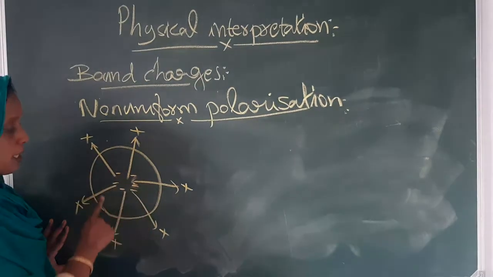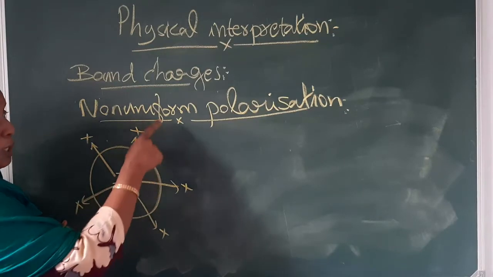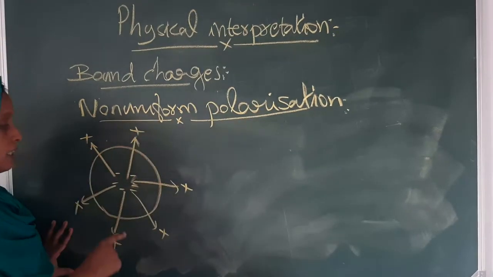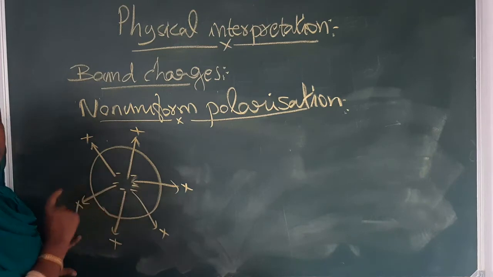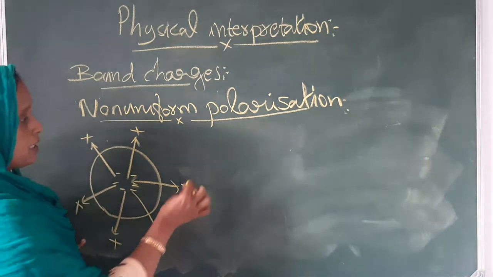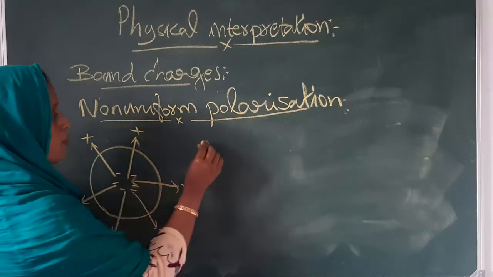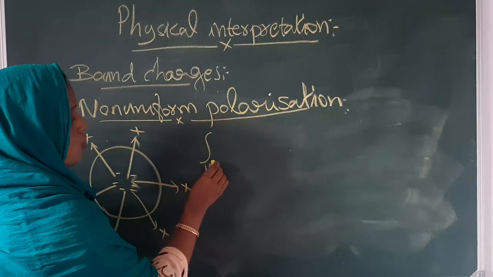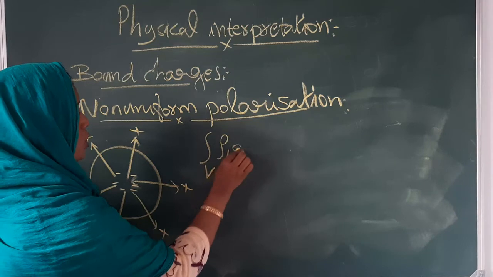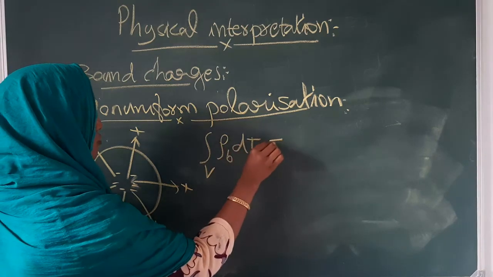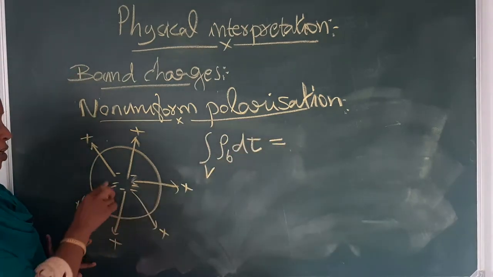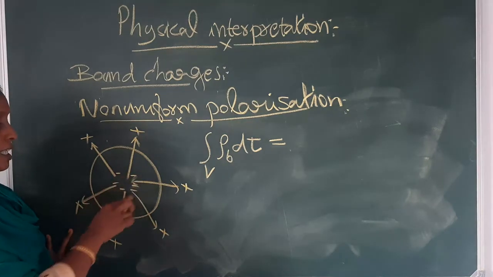So here there is a volume charge density. Due to the non-uniform polarization, charge resides inside the polarized object. The charge residing inside the body is given by the volume integral of rho_b d tau, where rho_b represents the volume bound charge density.